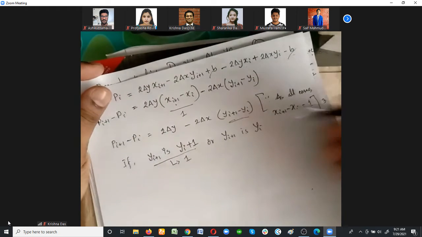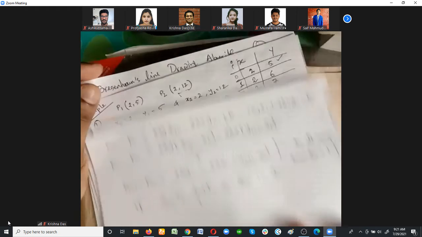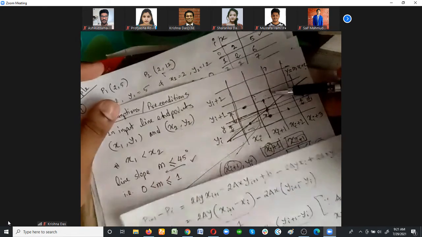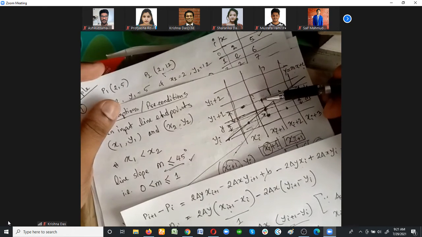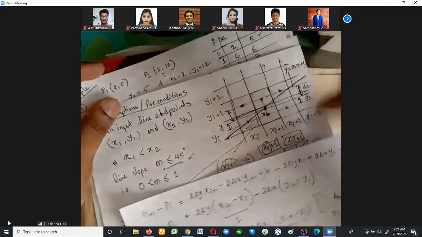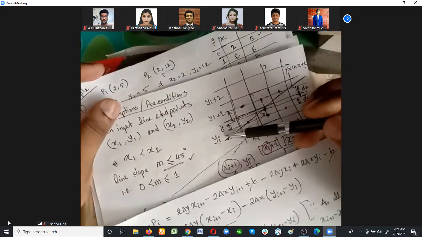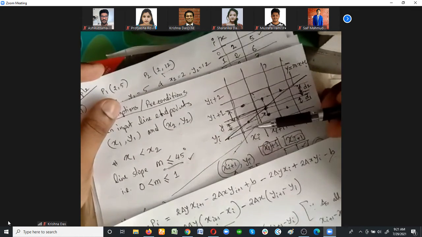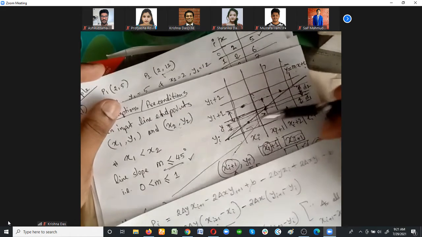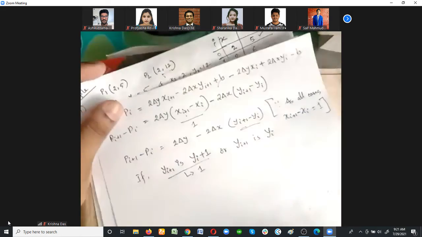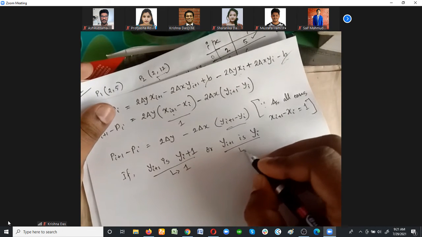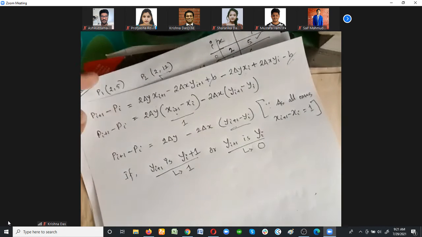Because that's the next value. For some cases, maybe we select the upper one, then the difference between the upper one and the previous one, for the y coordinate value, is 1. Say this is 6 and this is 7, then 7 minus 6 is actually 1, right? If we consider the other, it is 6 minus 6, so it becomes 0, when the next one is the same as the previous one.